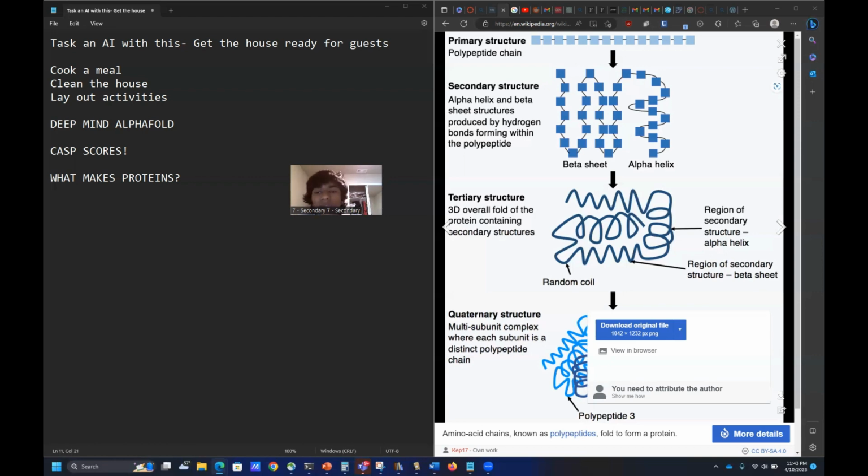Now, we take primary structures and then we bend them into alpha helixes and beta sheets by forming hydrogen bonds off of those amino acids, because the amino acids have places where hydrogen bonds can attach. And then we bond that again into tertiary structures and then quaternary structures and make these super large proteins. Now, proteins are a natural phenomenon. Proteins just miraculously bend and fold into a natural structure that works.